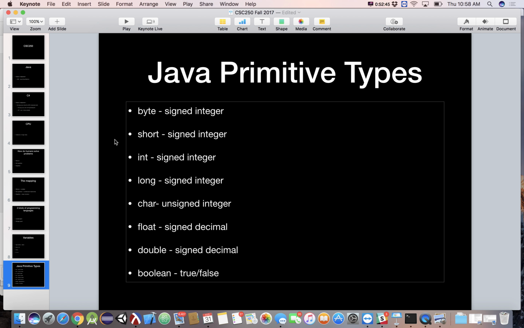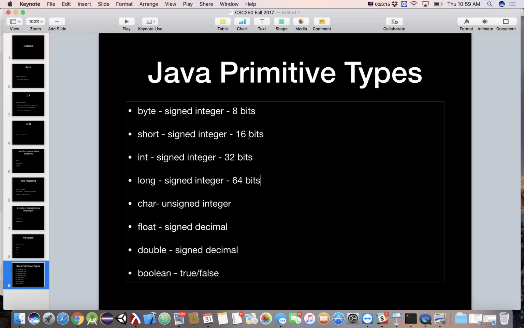Okay? So our byte is 8 bits. A short is 16 bits. An int is 32 bits. A long is 64 bits. What's a bit? 0, 1.